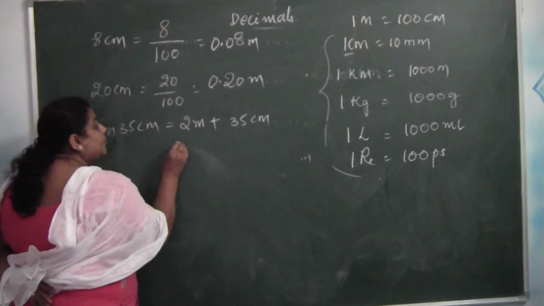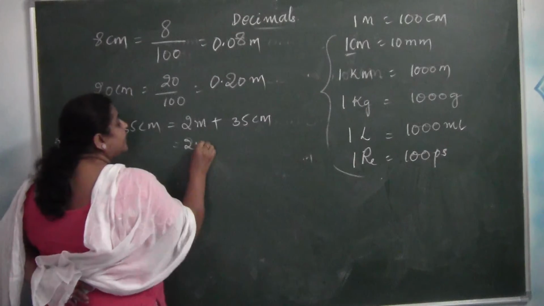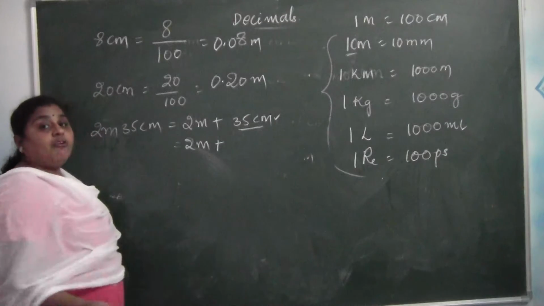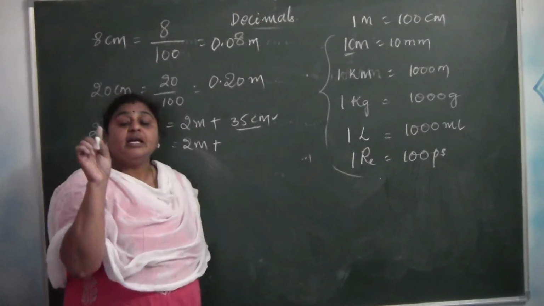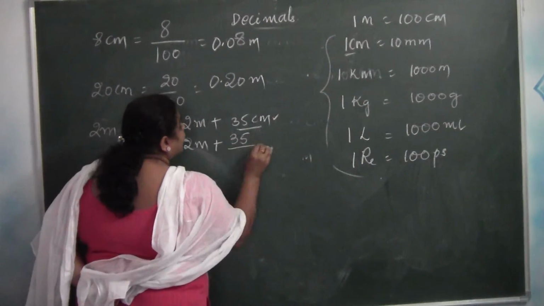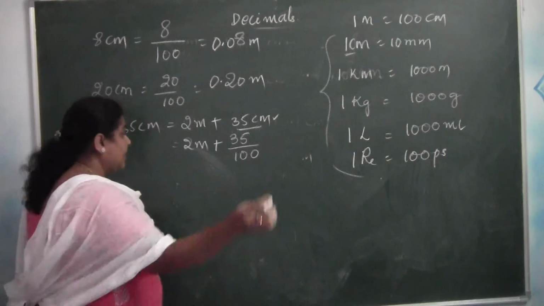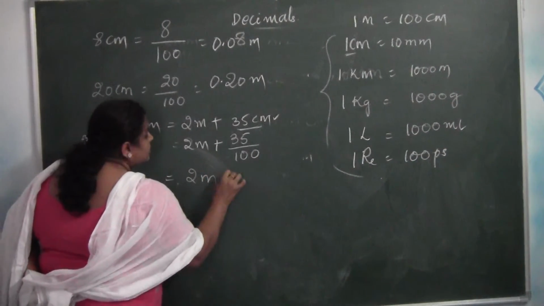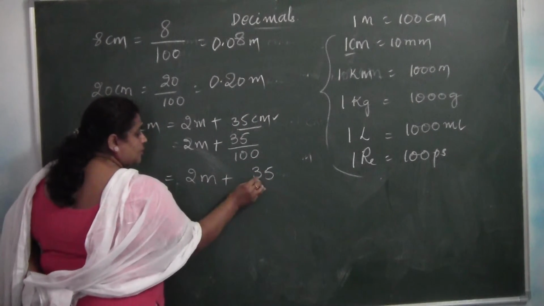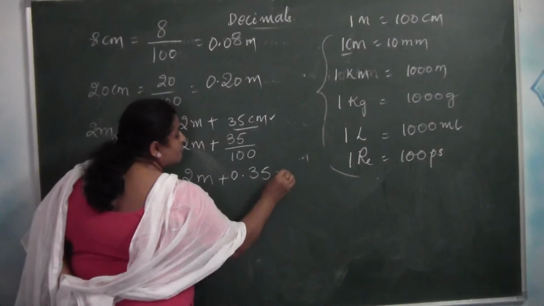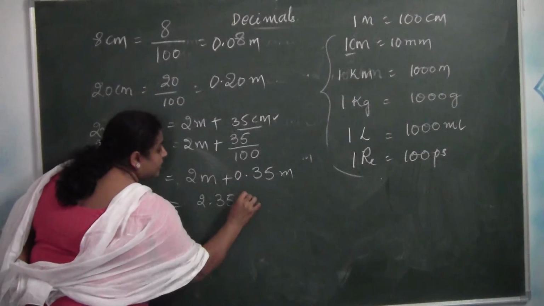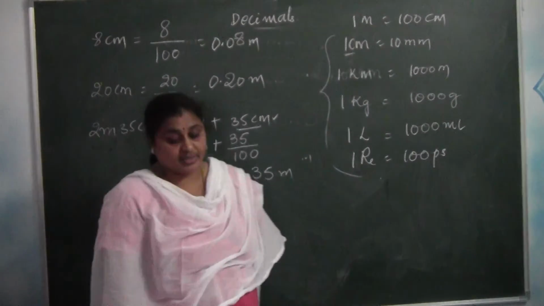Now already 2 is in meters, so we'll write 2 in meters plus 35 is in centimeters. Now we have to express 35 centimeters in terms of meters. We are going to write 35 as 35 by 100. Then what are we getting? 2 meters plus 0.35 meters. Now add these two, 2.35 meters. That's it. Got it?